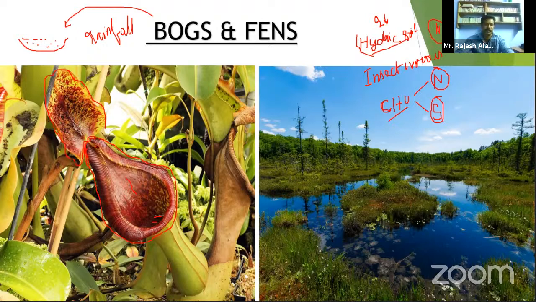This is the inference we have to derive. For exam point of view, you know that hydric soils are deficient in oxygen and nitrogen. To overcome this nitrogen deficiency, plants are modified as insectivorous plants, that is Nepenthes.